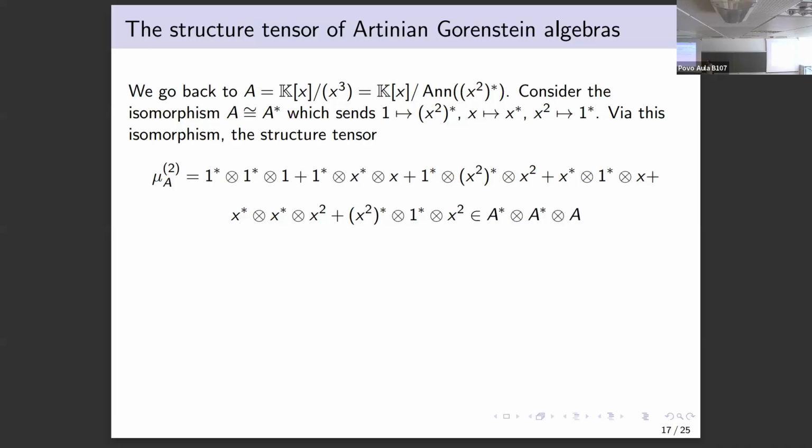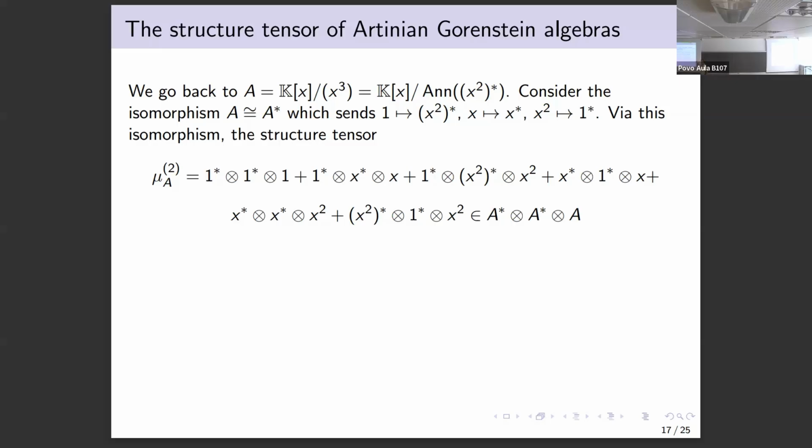And this isomorphism would send 1 to 1 contracted with x squared, which is x squared, and x to x contracted with x squared, which will just give me x.